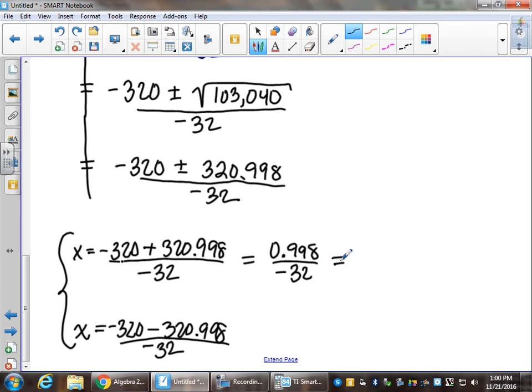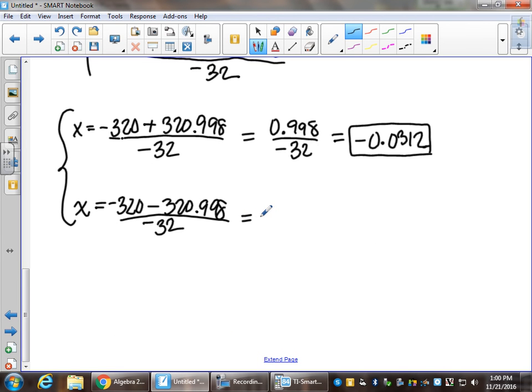And here we're going to get a negative answer. So 0.998 divided by 32 gets us negative 0.0312. Again, take all decimal answers out to 3 decimal places, please. And now let's do our second answer.